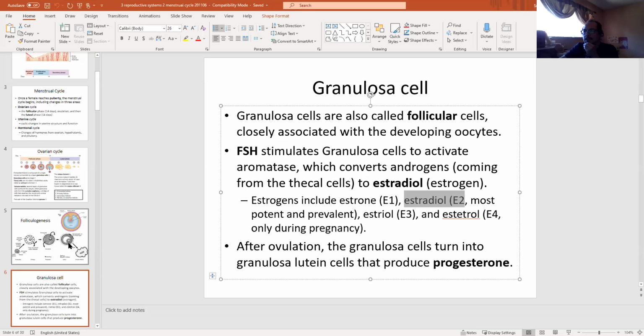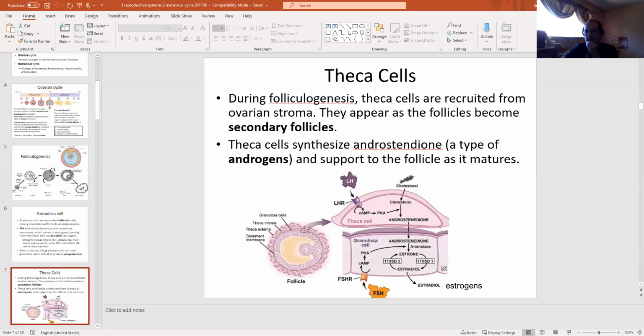After the ovulation, these granulosa cells will differentiate to form the corpus luteum, and by then these cells start to secrete another very important female hormone, progesterone. Progesterone is very important to maintain the uterus during the entire pregnancy. So that's the granulosa.